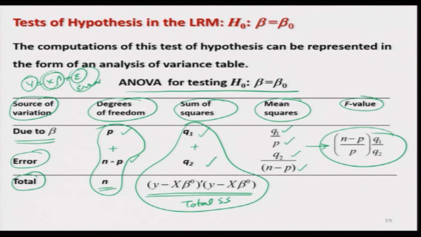Many times in the classroom, teachers tell us that out of these three sums of squares, due to beta, error and total, we should find two sums of squares and find the third by subtraction. Why?